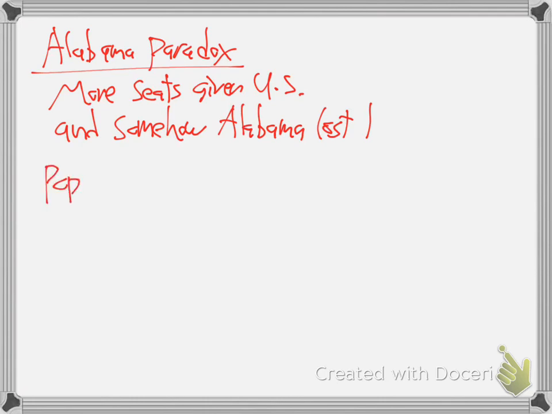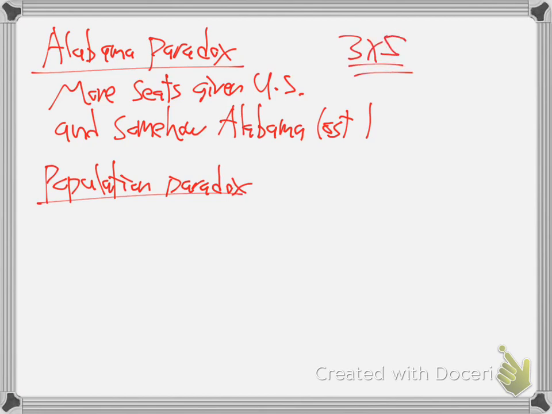There's also something called the population paradox. Let me write. So this would be very good. This 3x5 card. This is heavy 3x5 card material. You want this on your 3x5 card for the exam on Tuesday. So population paradox. That one says, let me write it right here. Population. State A loses a seat to B, even though the population of A grew at a higher rate than B. Good.